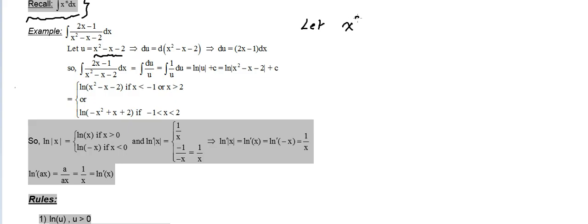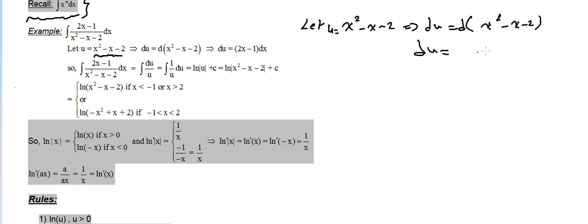Let me solve it. Let u equal x squared minus x minus 2. This means that du is equal to d of x squared minus x minus 2. So what is the derivative of x squared minus x minus 2? It's 2x minus 1. Minus 2, the derivative is 0. So du is 2x minus 1 dx, right?